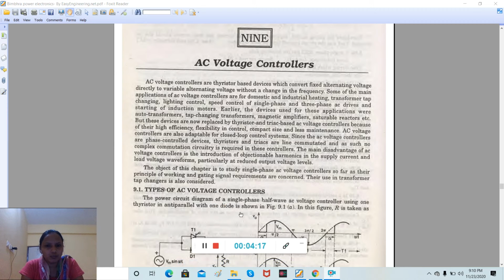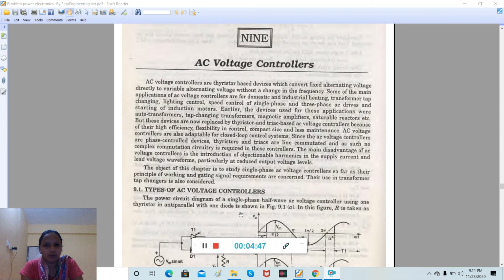By using the AC voltage controller, we find some objectionable harmonics in the supply current and load voltage waveform, particularly at reduced output voltage levels. So here we will study the single phase AC voltage controller, its working principle, and the waveforms formed.